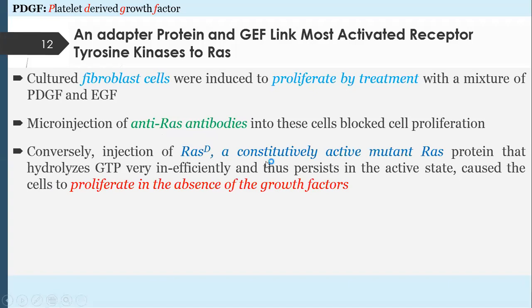This mutant is constitutively active: it hydrolyzes GTP very inefficiently and thus persists in the active state. So when RAS-D was used, even in the absence of EGF, the ligands, and even with inactive receptors, RAS is constitutively active. So the cells proliferate in the absence of growth factors.